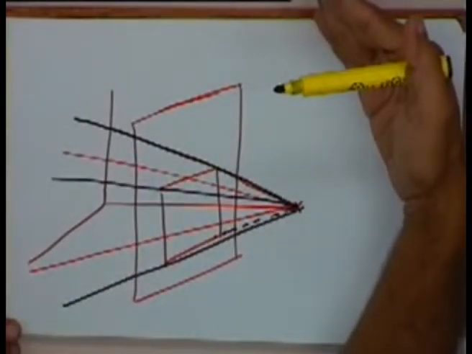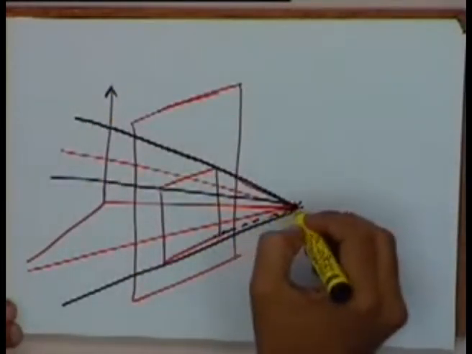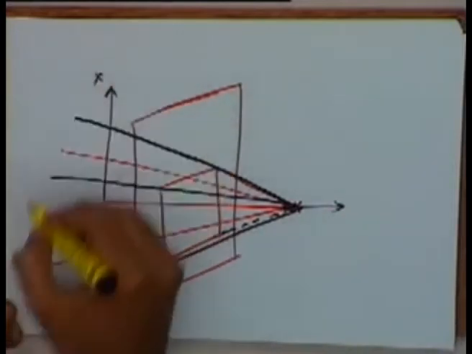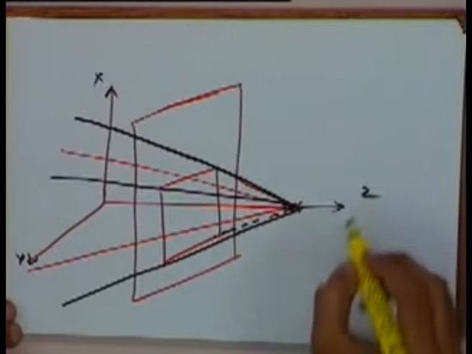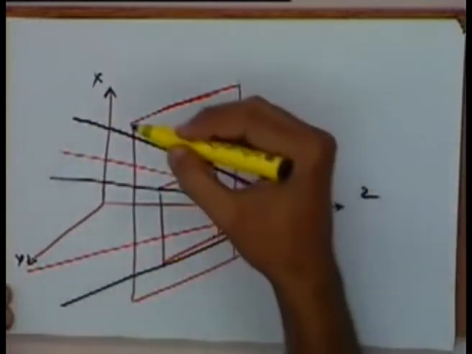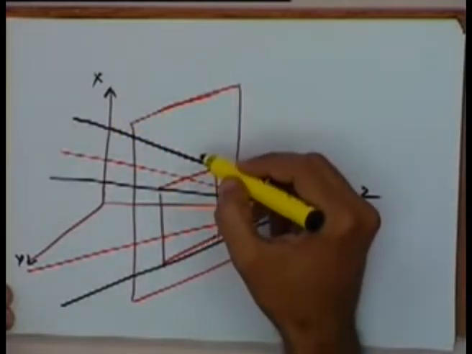Is that alright? So this coordinate system is my world coordinate system. Let us say this is x, y, and this is z direction. Now in the world coordinate system I have defined a finite volume, or a finite portion on my projecting plane.